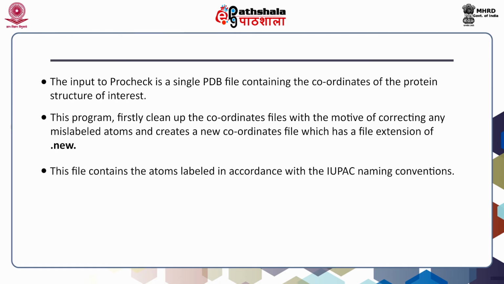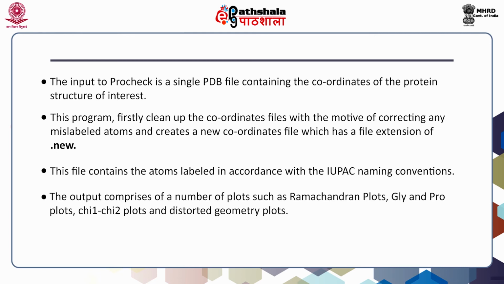This file contains the atoms labeled in accordance with the IUPAC naming conventions. The output comprises a number of plots such as Ramachandran plots, Gly and Pro plots, Chi1, Chi2 plots and distorted geometry plots. The plots can be in color or black and white.